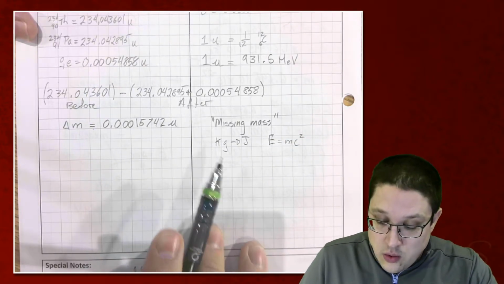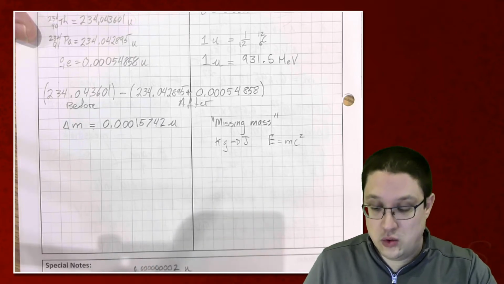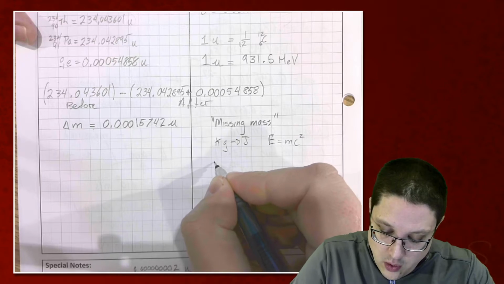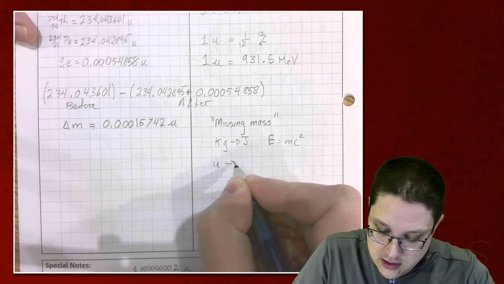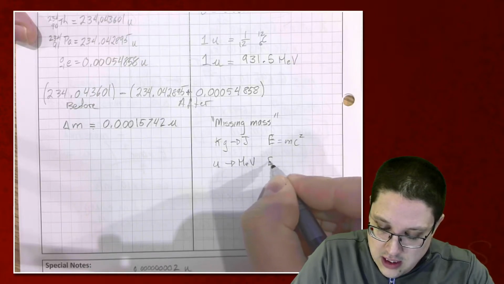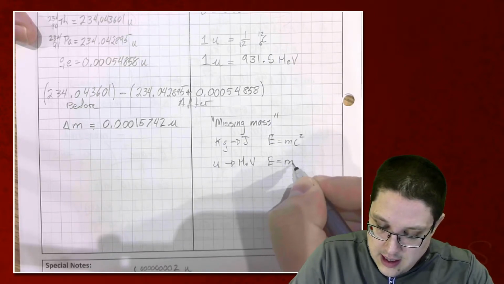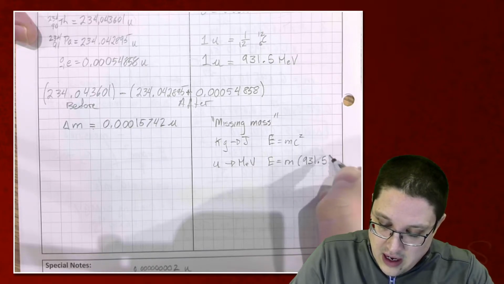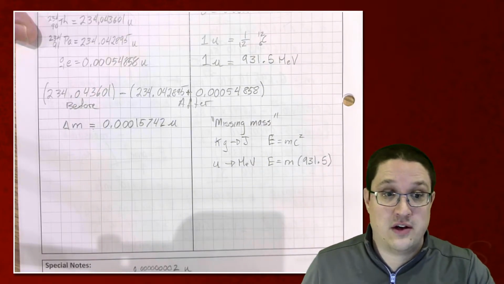However, I don't have kilograms and I'm not going to joules, so I'm going to use a different conversion factor. If I'm going from atomic mass units to MeV, I use E = m times 931.5, because that's my conversion factor here.